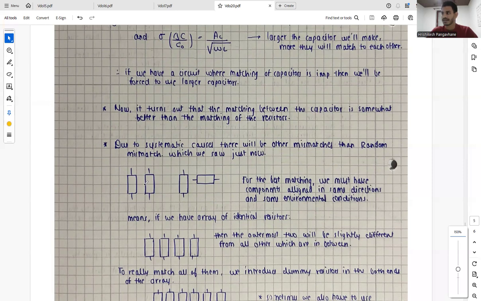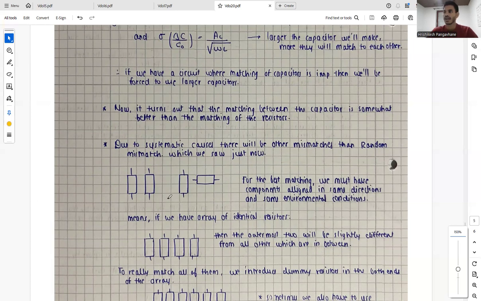For the best matching, we must have components aligned in the same direction and not in different directions. Also, for best matching, we need the same environmental conditions.